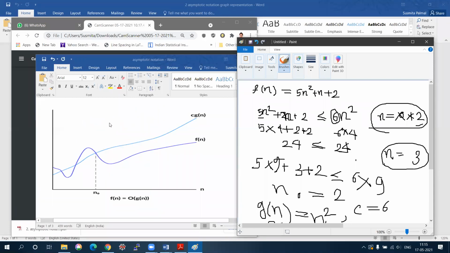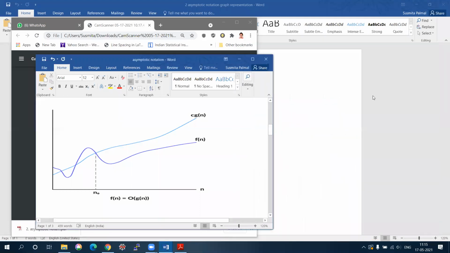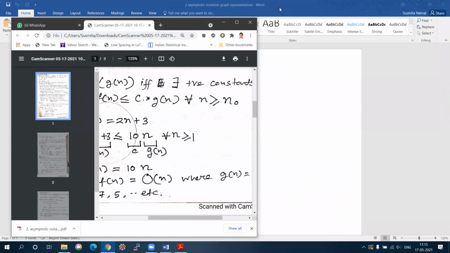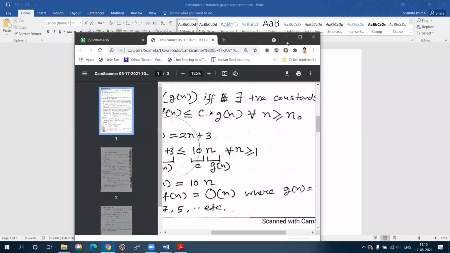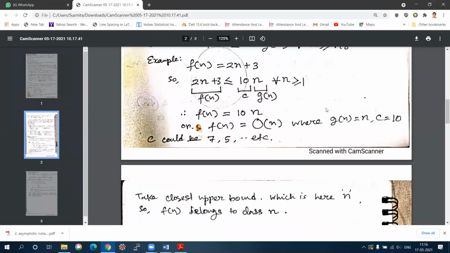Any confusion? Any questions? Next. So this is all about big O notation.